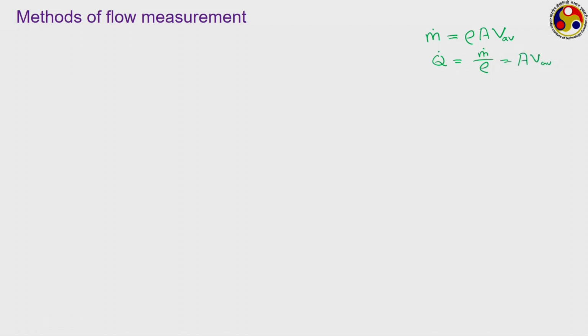Now, what is this? This is the volume flow rate, where mass flow rate has a unit of kg per second, and this has a unit of meter cube per second, that is the SI unit of course, that is the volume of fluid flowing through that particular area A per unit time, and of course, V average is also there.